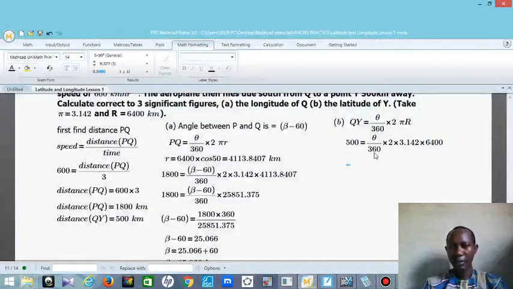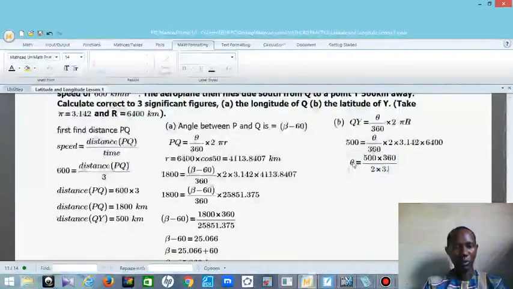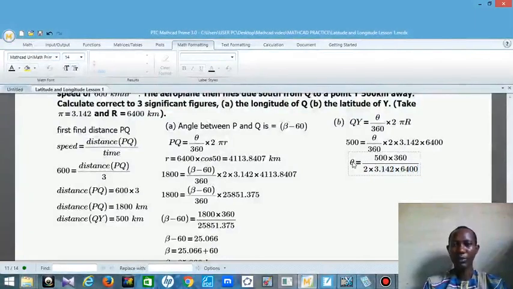Then without wasting time, let's cross multiply and divide by this value. If we do it fast, we'll have our theta. Theta will now be equal to 500 times 360, and divide the result by 2 times 3.142 times 6,400.